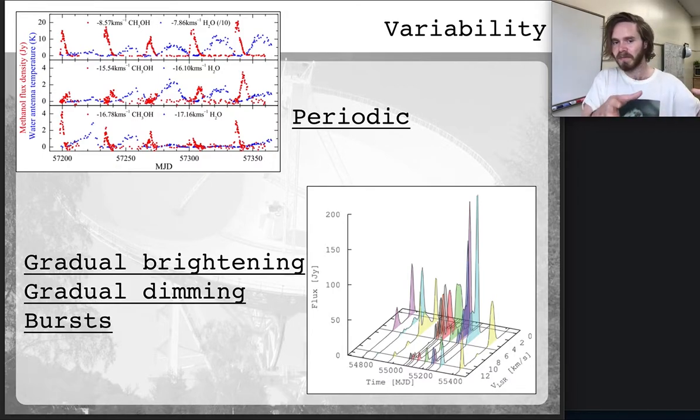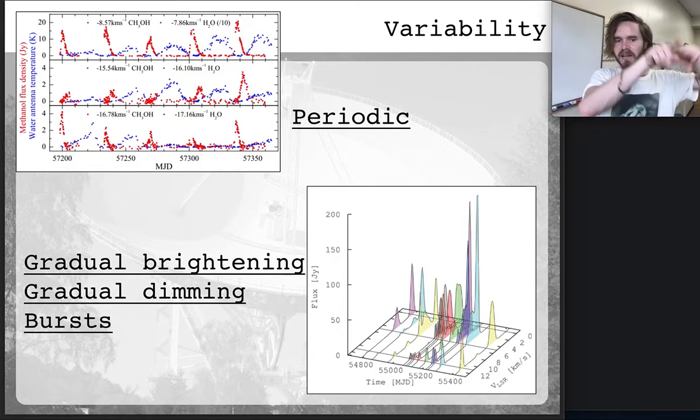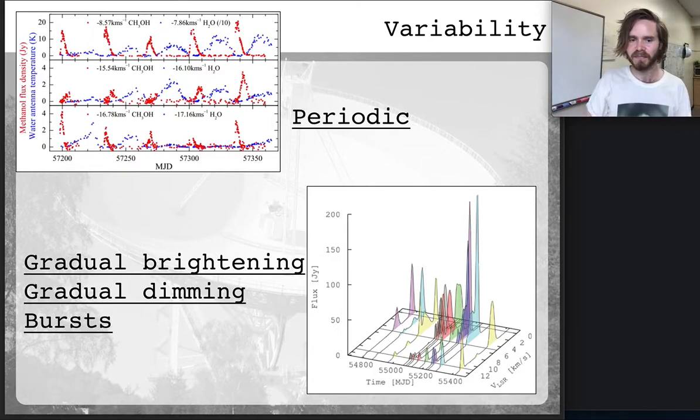So the methanol masers were happy, but the heat was too much for the water masers, which then thermalized the gas and dropped the flux of the water masers. So you end up with this seesawing between the two, where the same physical conditions are happening for both masers, but one of the masers likes it and the other one doesn't, and so they anti-correlate like that. This is one super interesting example of maser variability.